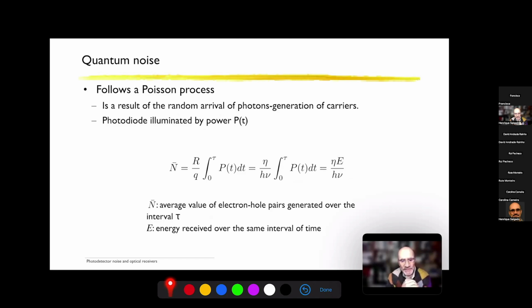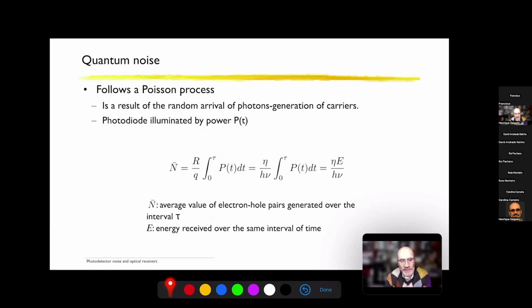If we have a certain power incident on the photodetector over a certain interval of time, tau, to take the average number of carriers generated over this interval of time, we have to integrate, or take the average of the total optical power over this time, multiply by the responsivity, which gives us the current.